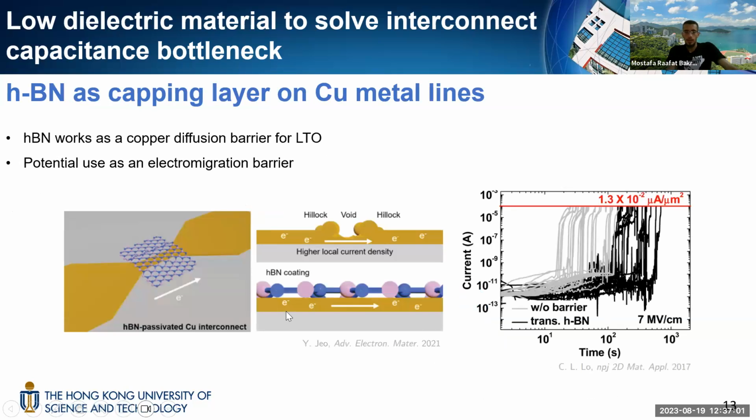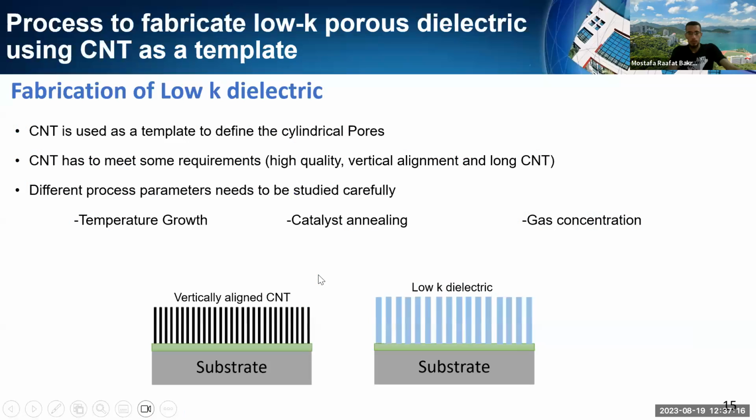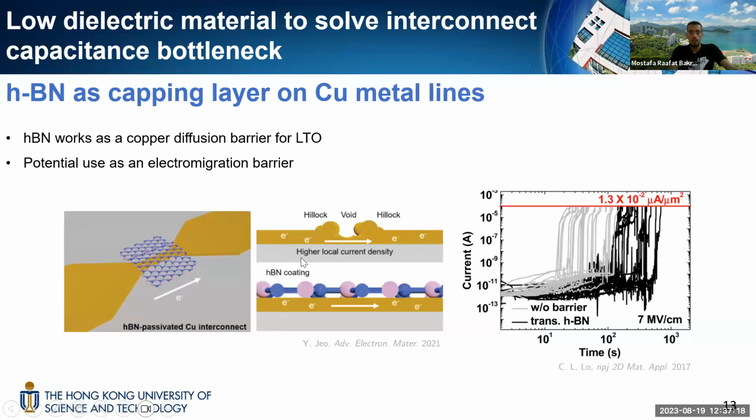HBN has been used in several studies to improve the reliability of dense LTO, low temperature oxide, and it has been successful as an electromigration barrier to increase the failure time and prevent electromigration. It can also reduce the copper diffusion into the LTO and increase the time-dependent dielectric breakdown.